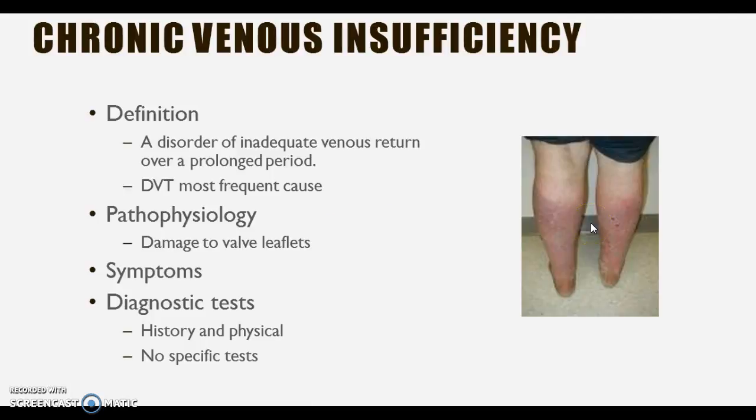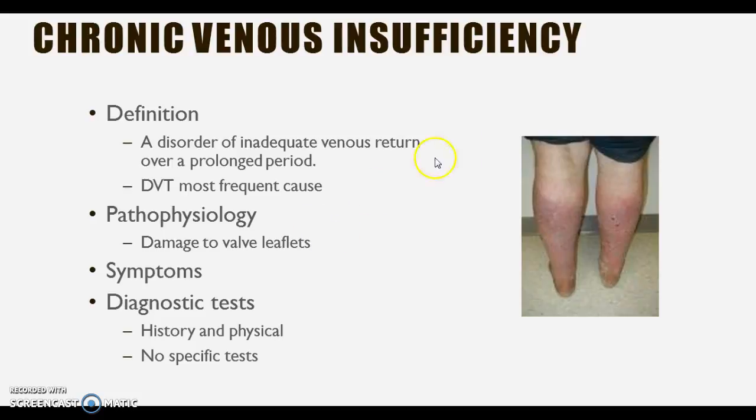Another one of our diseases that we can see is chronic venous insufficiency. This is inadequate venous return. Most common cause is varicose veins. It can be leg trauma. We can see this after a DVT. The large vein may remain occluded, increasing the pressure in the other veins of the extremity.